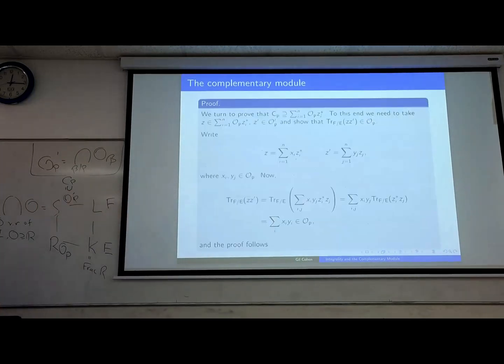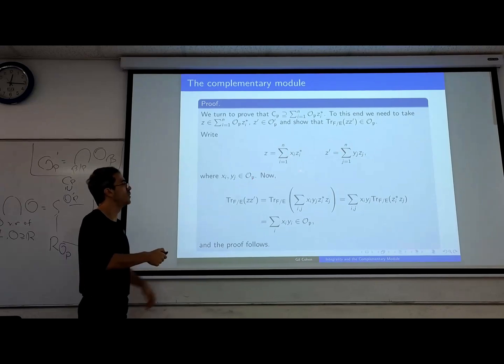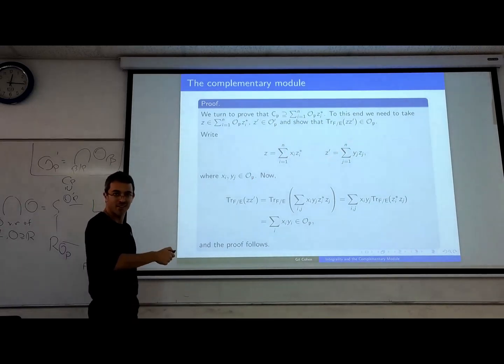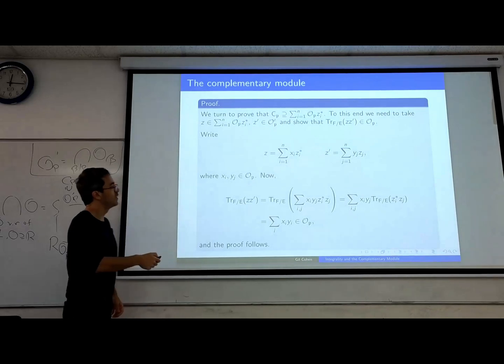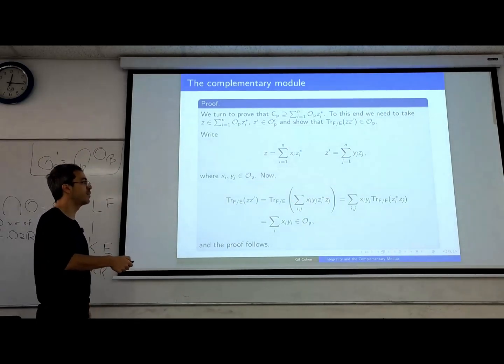So I can write Z prime also using the zj's with coefficients also in O prime P, in OP. I mean, both the xi's and the yj's are in OP, but for different reasons. But then that's it. The trace of the product, well, you just take the product, you get this double sum. The double sum goes out of the trace.